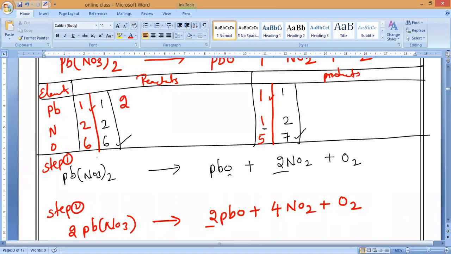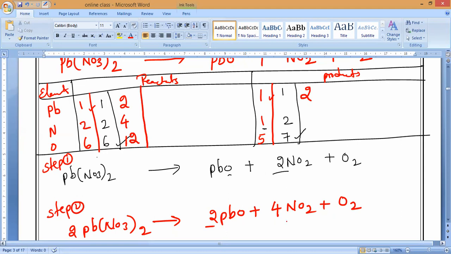Nitrogen: PbNO3 twice, I forgot it, so nitrogens become 4. Oxygens: 3 2s are 6, 6 2s are 12.